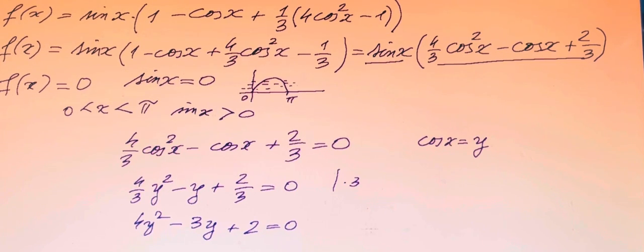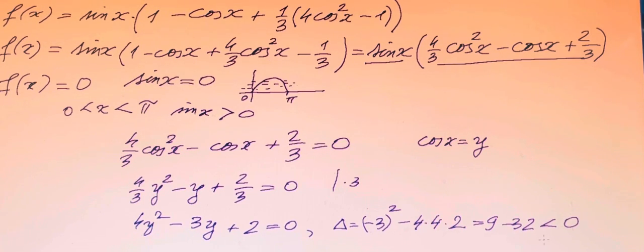Let's check how the discriminant for this equation looks like. You will know the formula for the discriminant of a quadratic, which is (minus 3) squared minus 4 times 4 times 2. You can check the formula for the discriminant of a quadratic equation. This is 9 minus 32, which is a negative number.